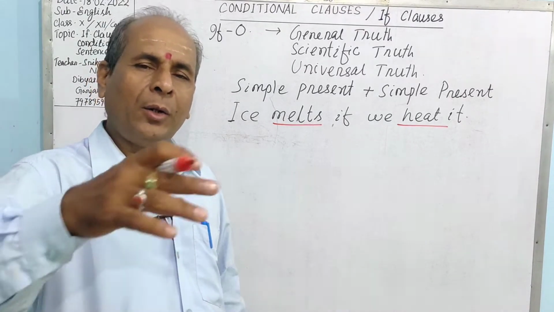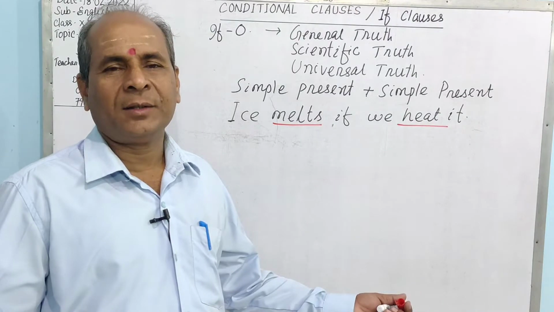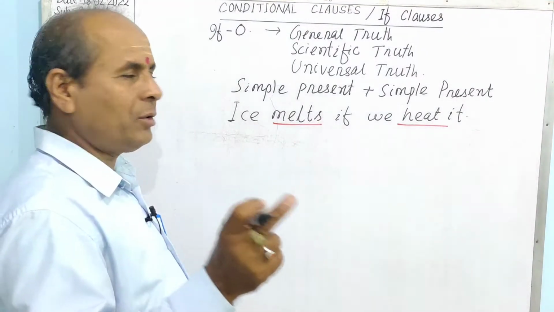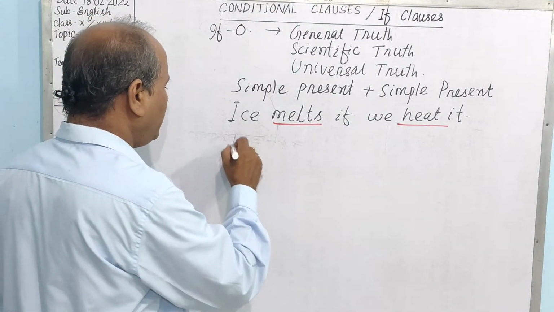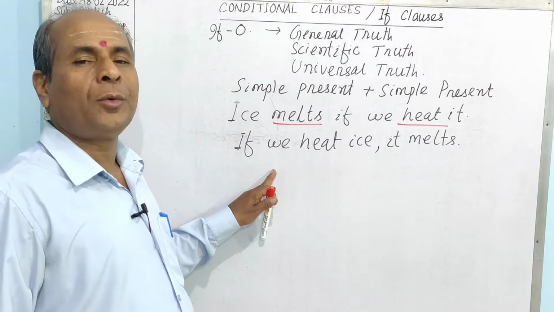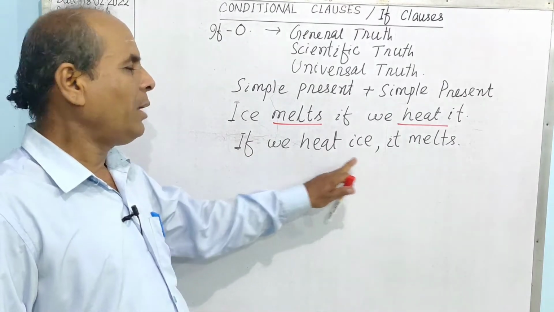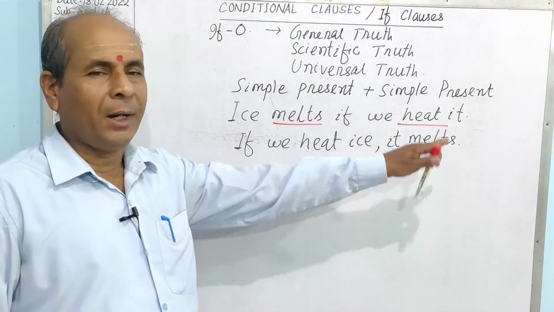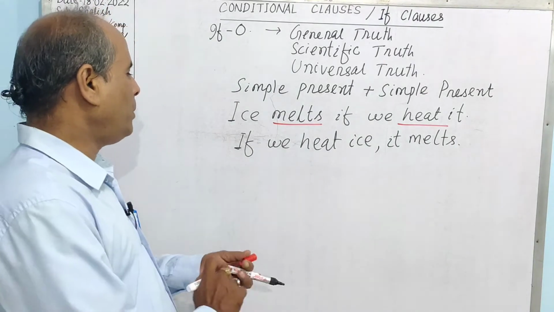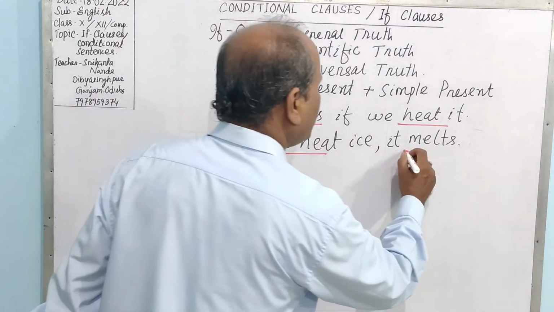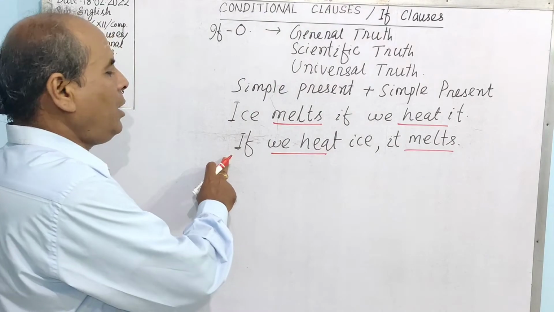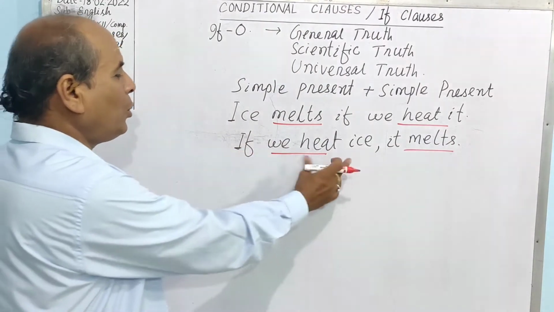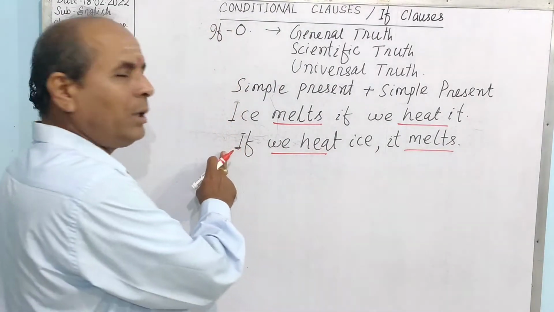If we drop a glass, it breaks. If we begin this sentence with if, you can write it this way. You can see the use of comma here. If we heat ice, it melts. Here also both the parts have simple present tense, but you see the total sentence begins with if.